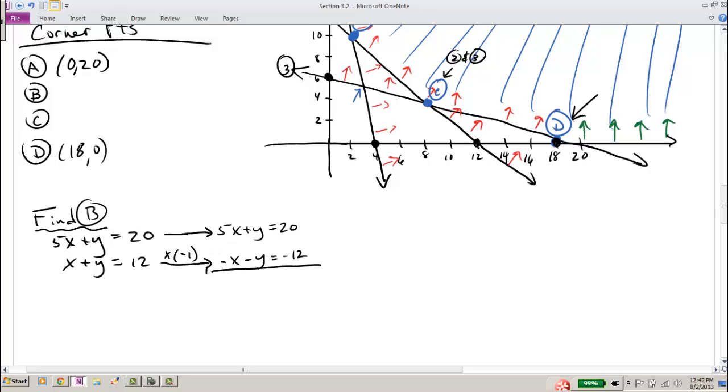When we add these together, we get 4x equals 8, or x equals 2.